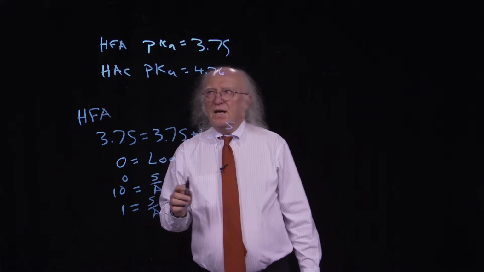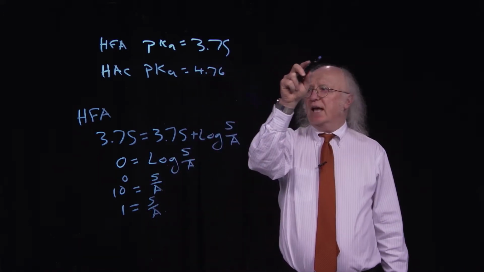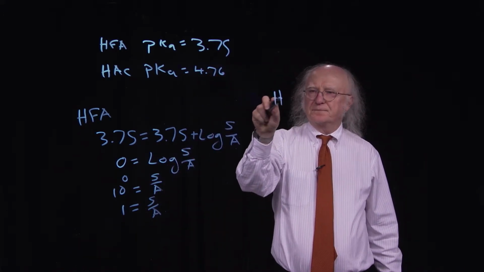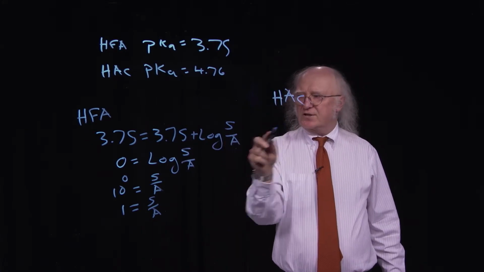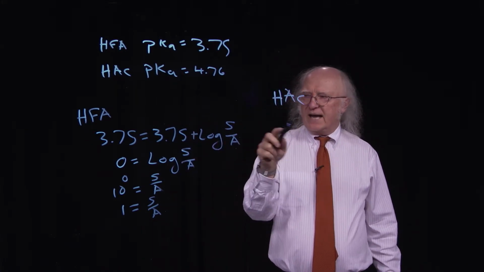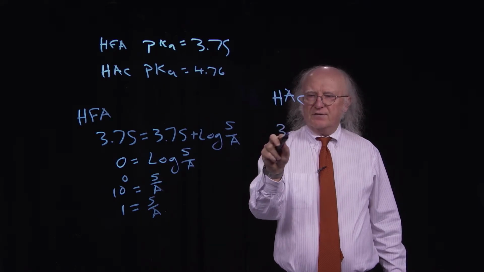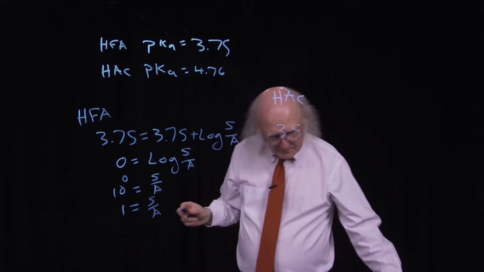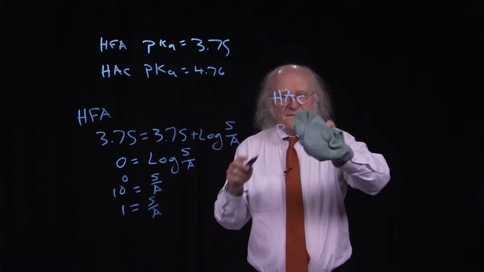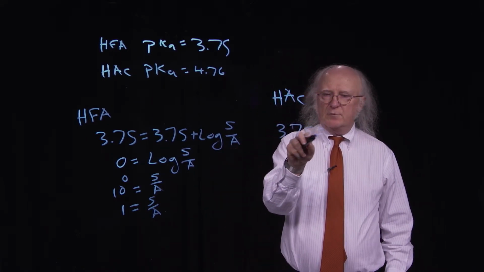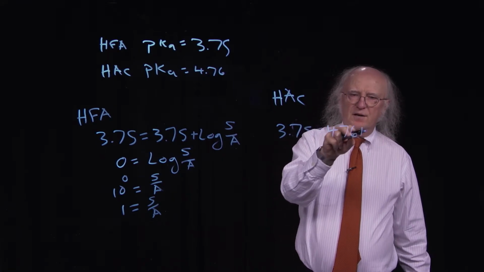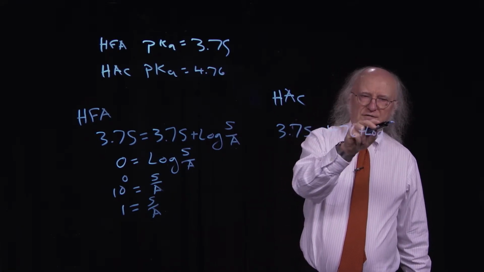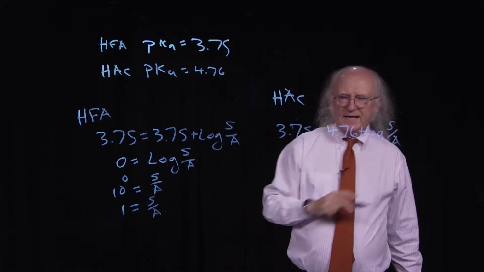Okay? If I, by contrast, look at HAC, at the same pH now, this is important, at the same pH, what's the ratio of salt to acid? Well, at 3.75, the pH is equal to the pKa for acetic acid, which is 4.76, plus the log of salt all over acid.